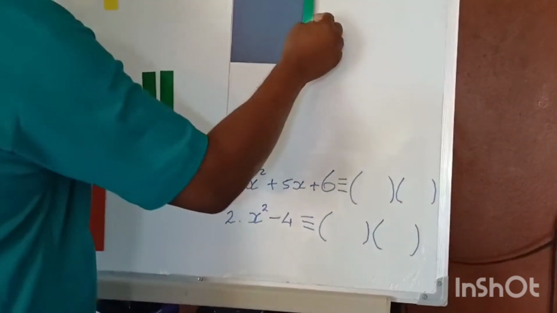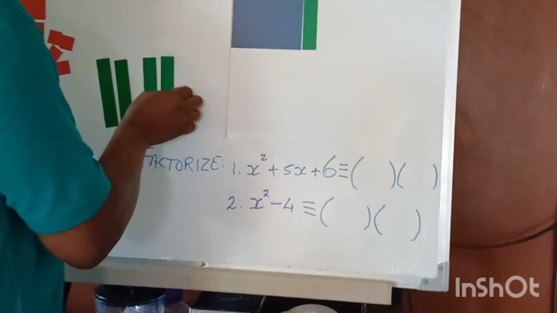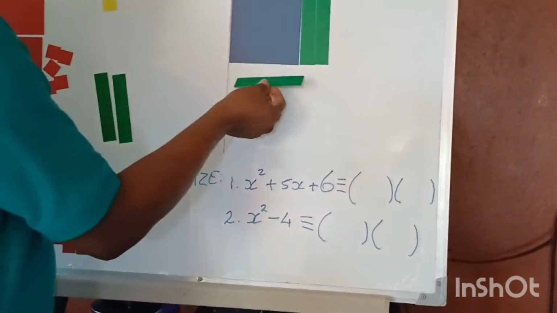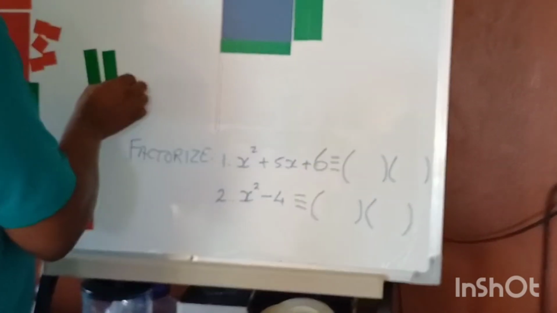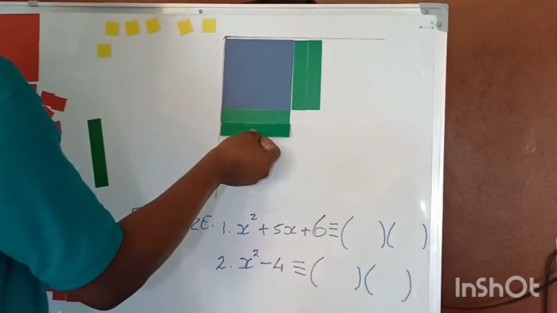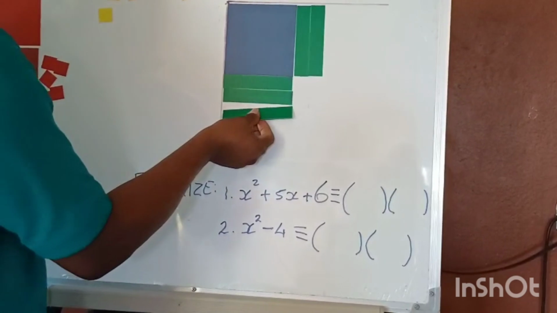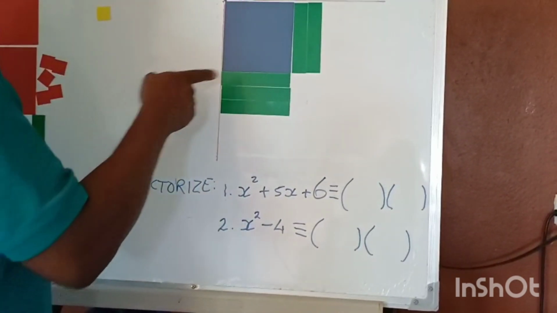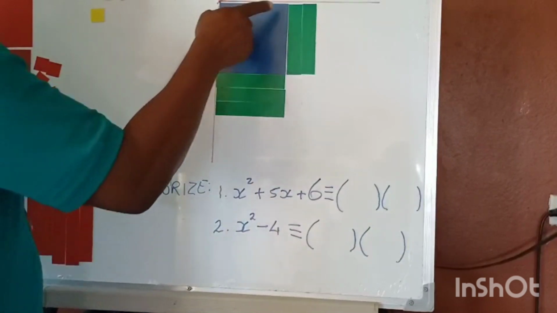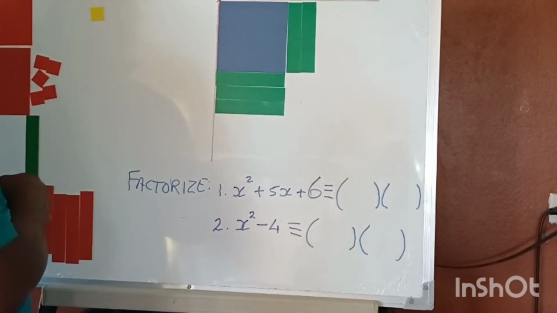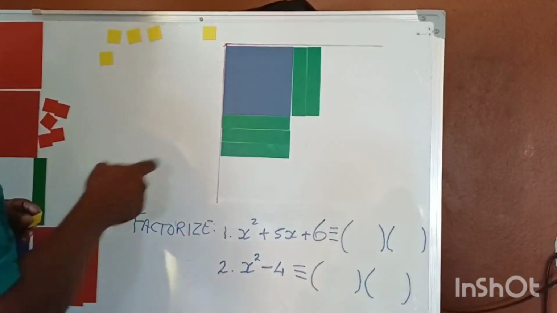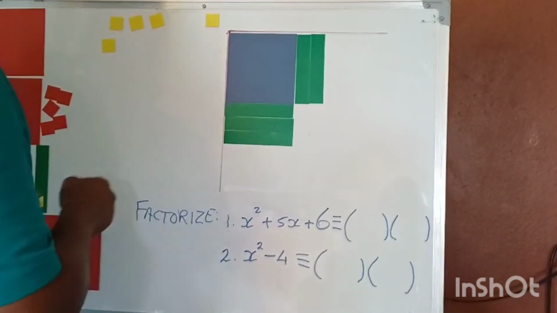So I can put 2 here, and I can put 3 down here. Keep in mind that the x tile goes along the sides of the x squared tiles. The unit tiles go to the vertex of the square at this point here.